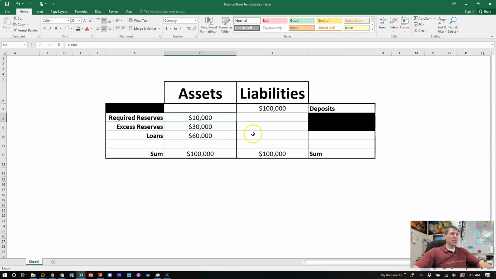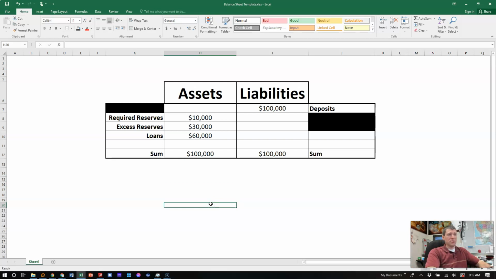Now you might get a question that will ask you something like, well, what is the reserve requirement, or what's the percentage that has to be kept on reserve? We can figure this out by looking at this, because we have 100,000 on deposit, and 10,000 of it is required reserves. Well, what's 10,000 out of 100,000? That's 10%.